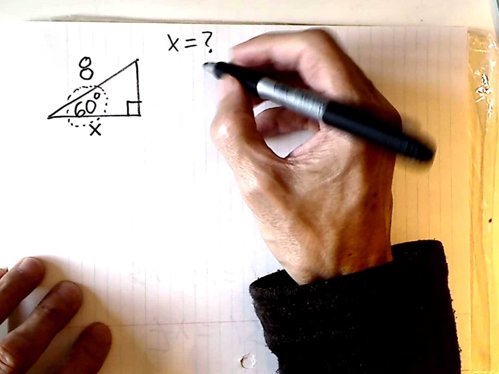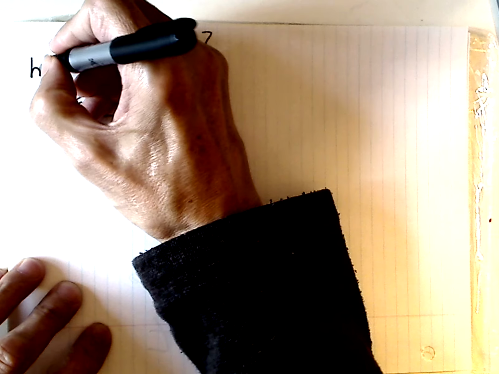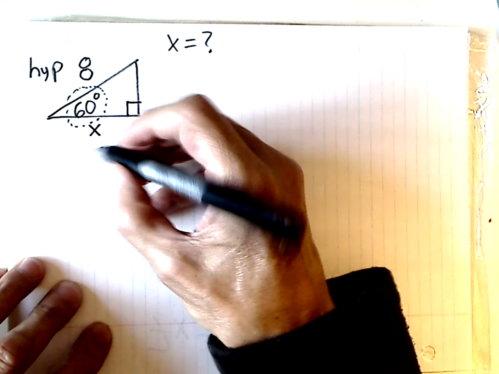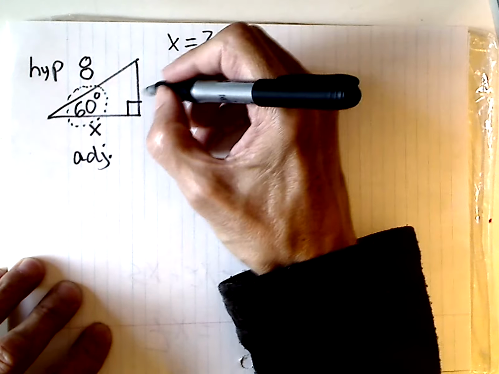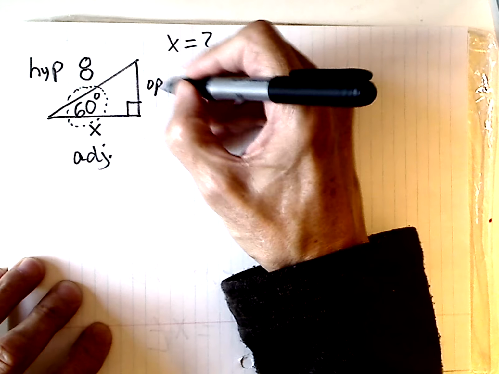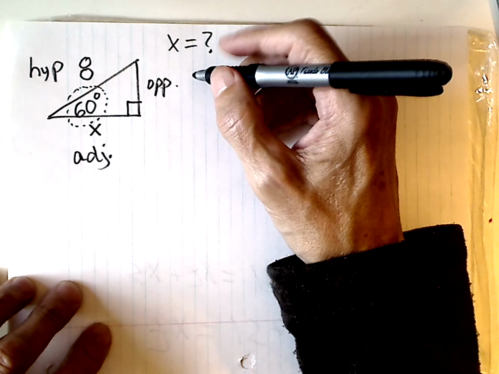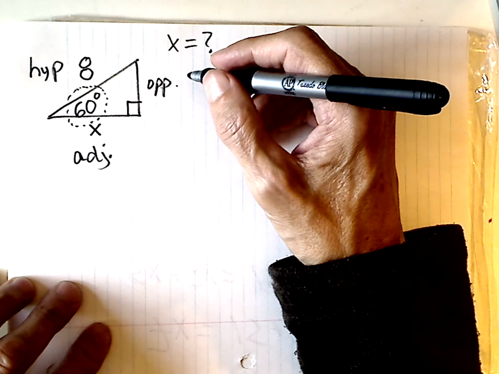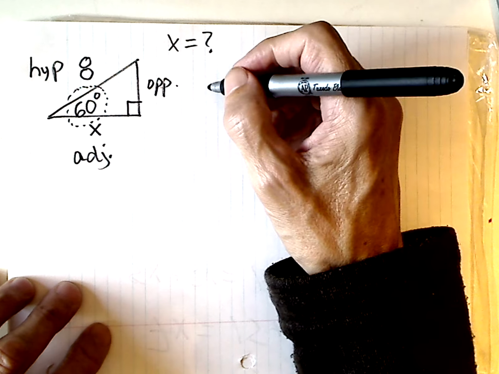But we'll get along if you do. Next, label the sides. Hypotenuse, adjacent, and then opposite. What's next? Label the sides.